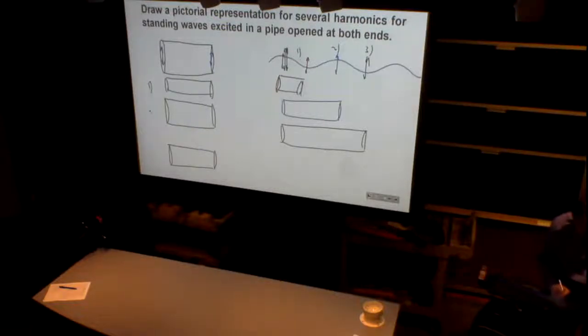So 1, 2, 3. Out of phase, up, down. And if it had been a string, the snapshot could look like this.